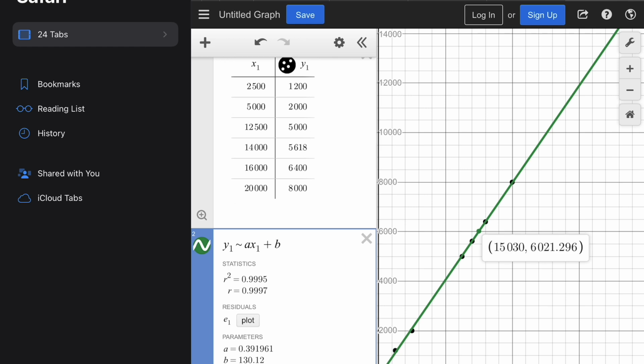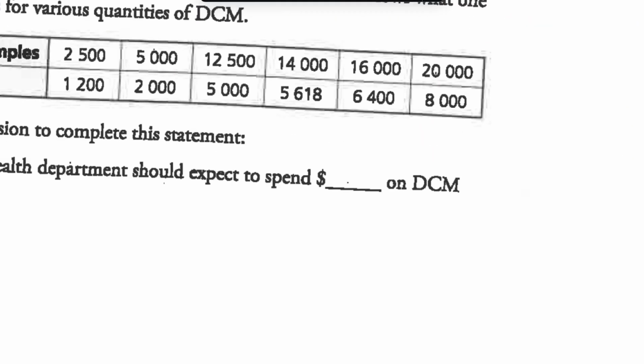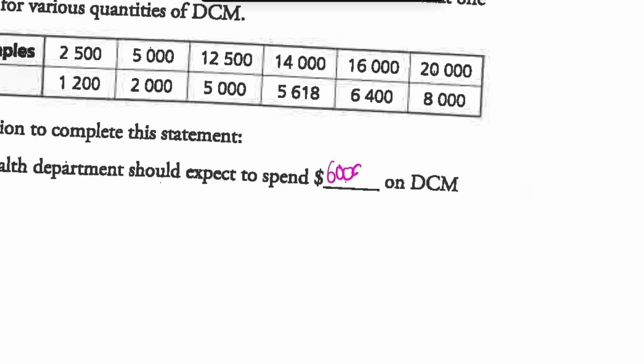15,000 is 6009537. I don't know how accurate they want us to be. Let's double check the answers. 6010.